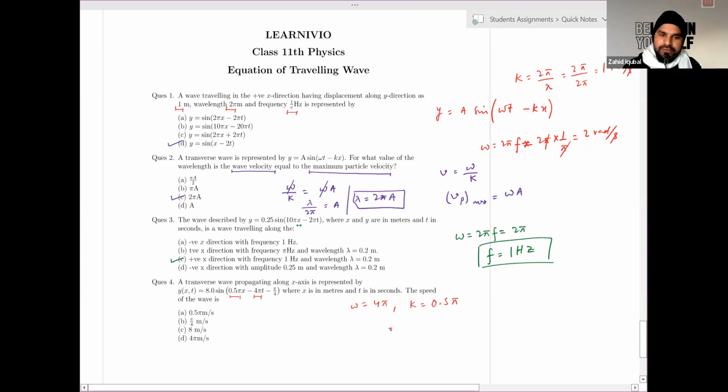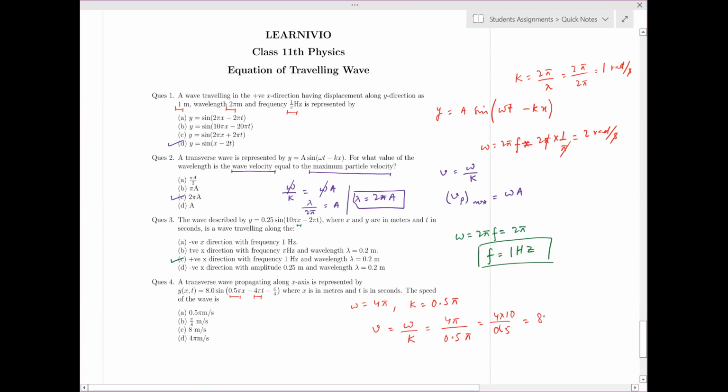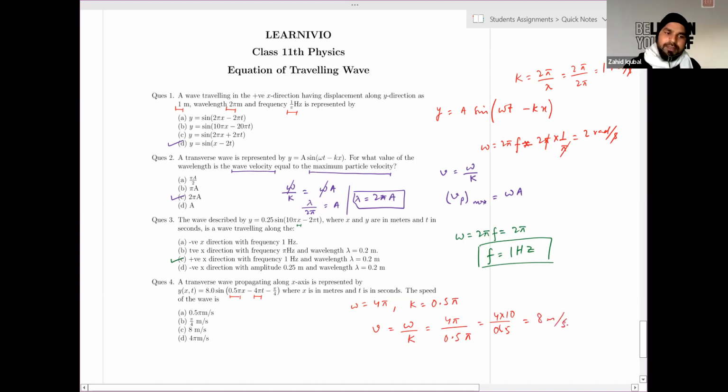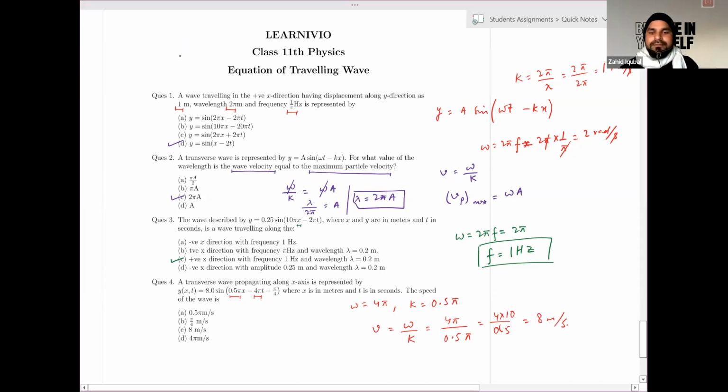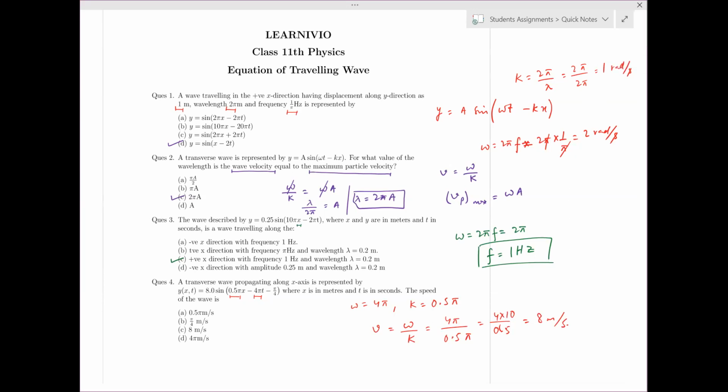The velocity of the wave is omega by k. Put the value of omega 4 pi and k 0.5 pi. Pi cancels out, so you get 4 divided by 0.5. If you remove the decimal, you get 8 meter per second. Option C. Good. Any doubt related to these terms? No, sir.